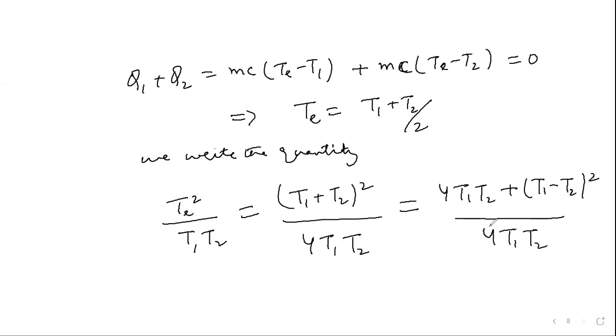Check it. Which will be equal to 1 plus (T1 minus T2) square over 4 T1 T2, right?